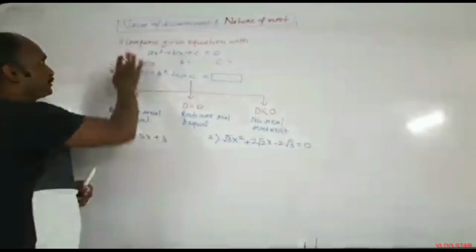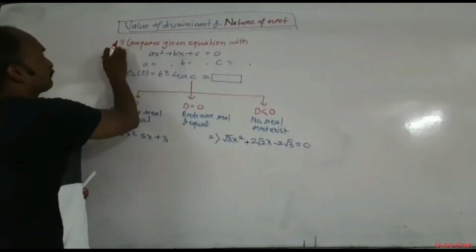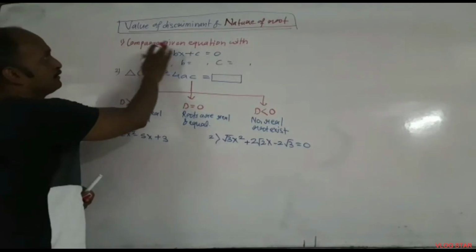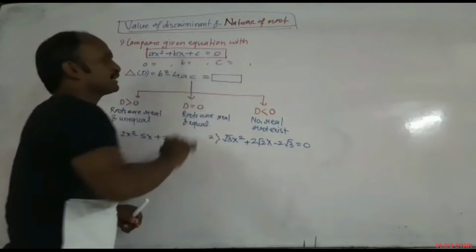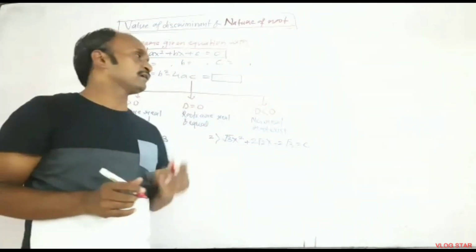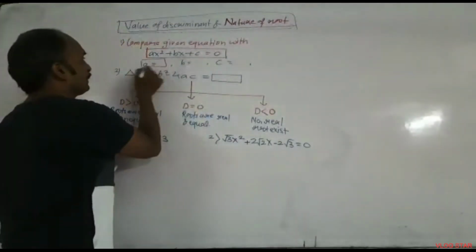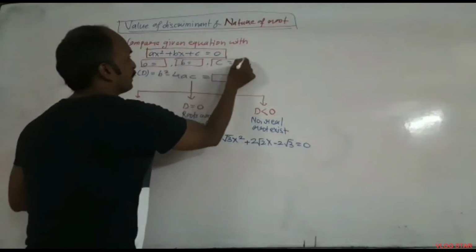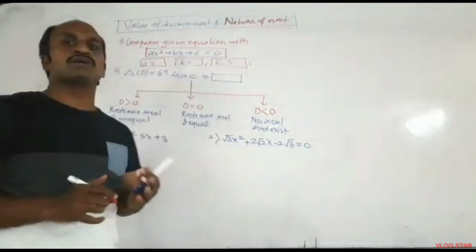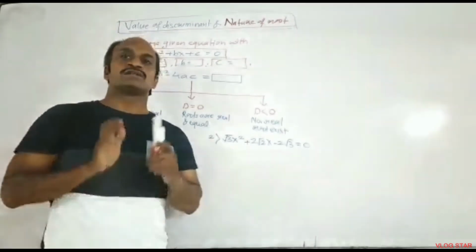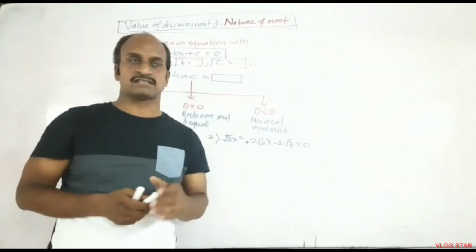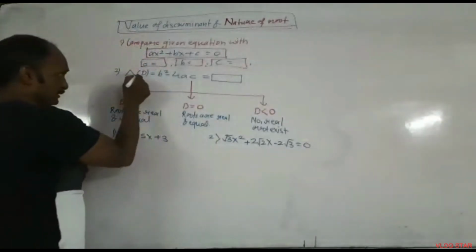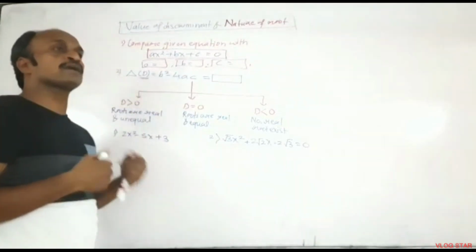To get that value, we first compare the given equation with the standard form, that is ax square plus bx plus c, and get the values of a, b and c. Once you have a, b and c, substitute to get the value of b square minus 4ac, which is called the discriminant or delta.